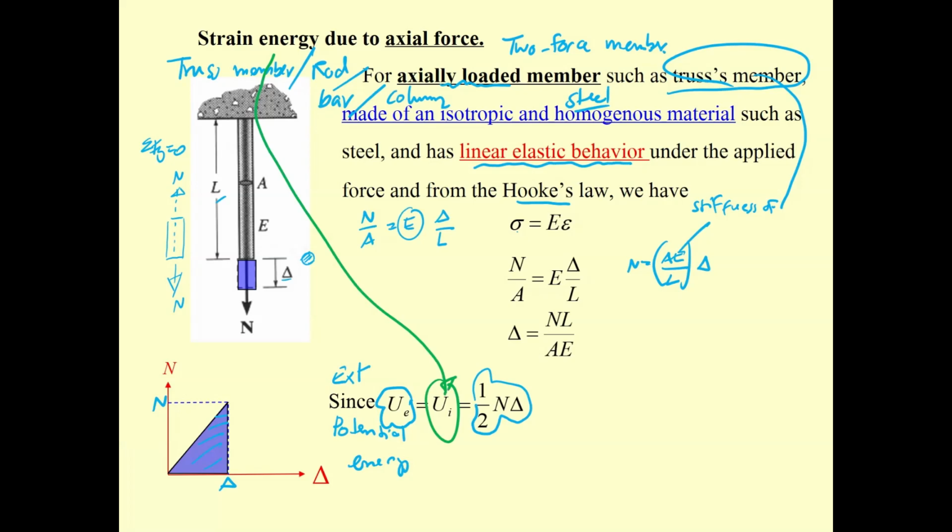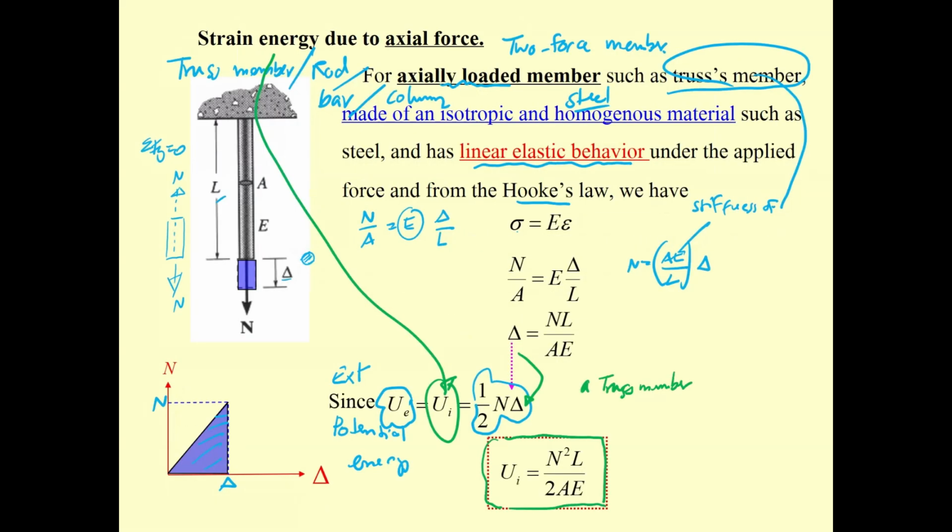And then following this one, you just take the delta and put it over here for a given truss member. You have this to be the energy stored in the truss member when the truss member has the internal force F and has the elongation delta.